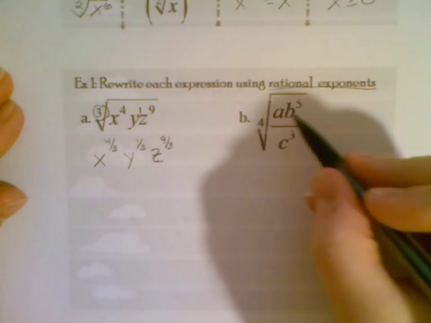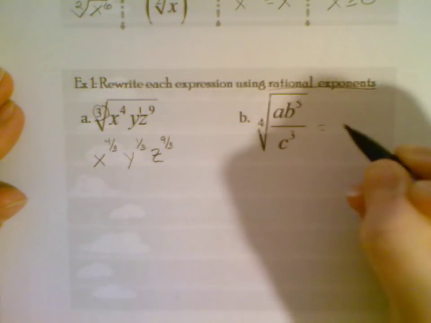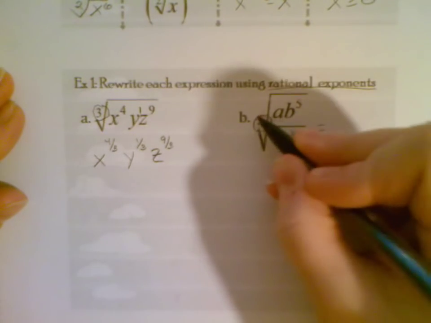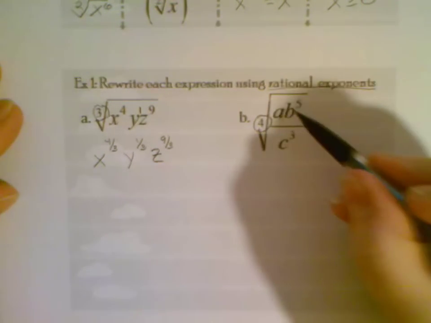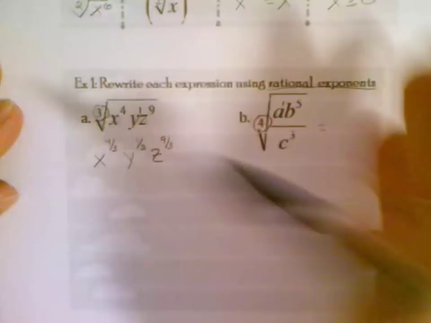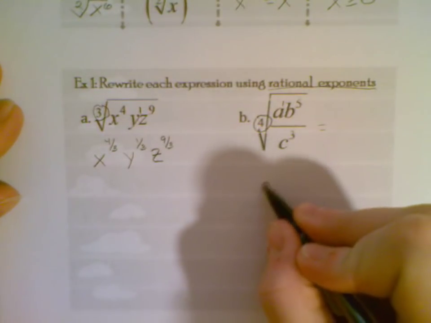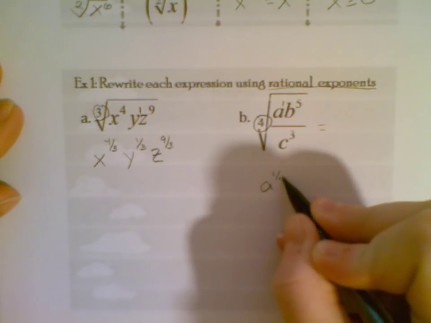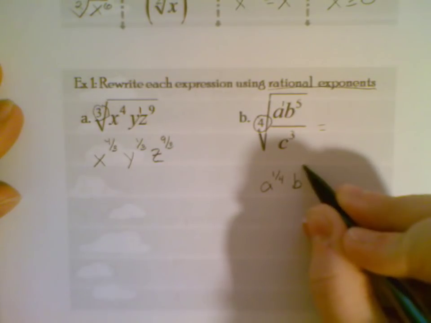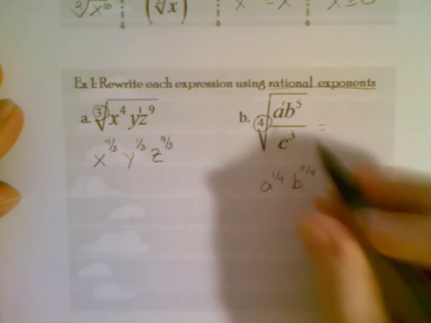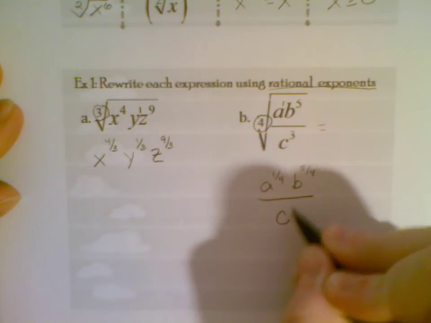Okay, next one. This is the same. Everything is in the fourth root, so my index is 4, and this has a 1, so I'm going to keep the fraction. So this is a to the 1/4, b to the 5/4, and then on the denominator, c to the 3/4.